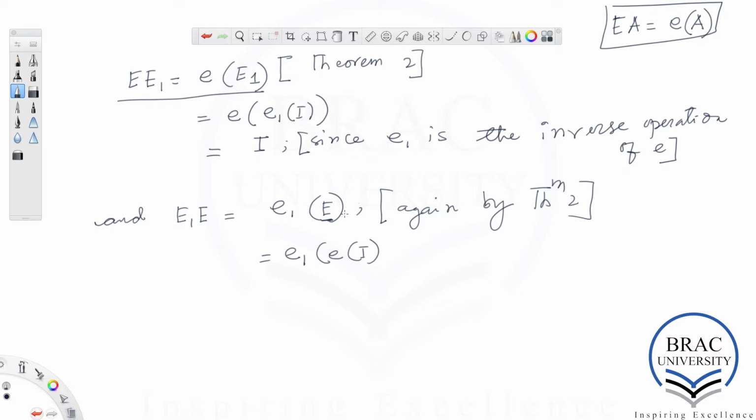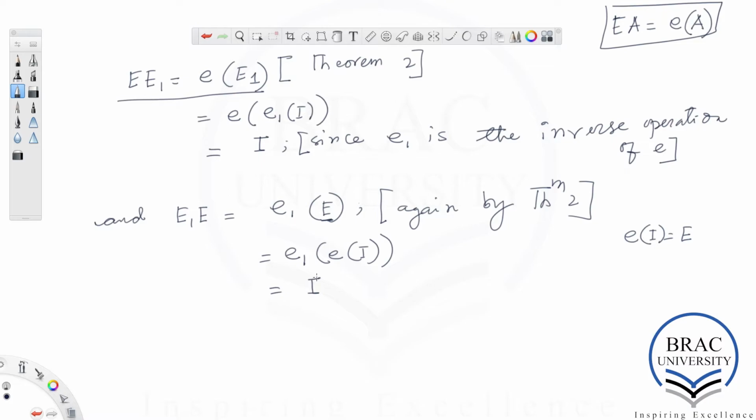Because we chose big E to be an elementary matrix corresponding to the elementary row operation small e. So by theorem 2, small e of I is equal to big E. So now since E1 is the inverse operation of E, this is equal to I again, right?